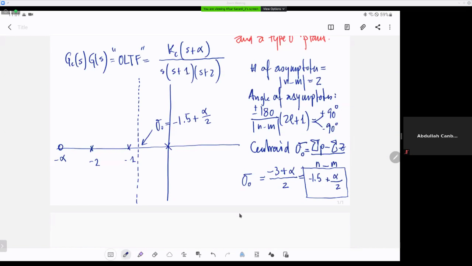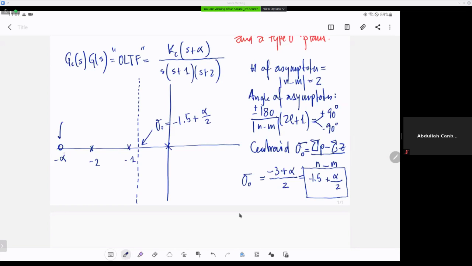Remember, when we say a small tau I, a small integral time constant, we are basically saying a relatively large alpha in absolute value. So minus alpha is quite small over here. We want it somewhere here. But that has an adverse effect.